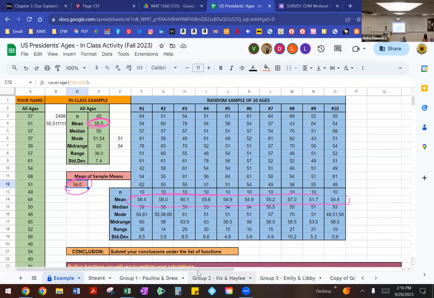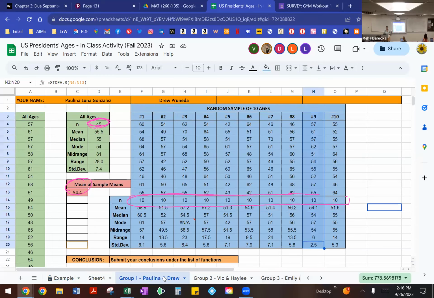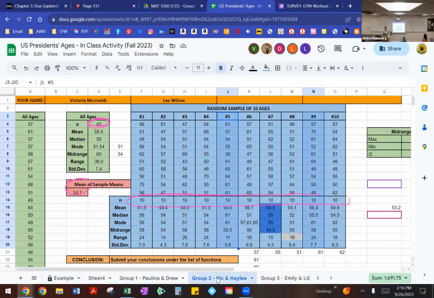So let's see what did our group one get for their. So we've got 54.4. So you guys are about a unit away from the population mean. Let's see for Dick and Haley, you guys have 53.